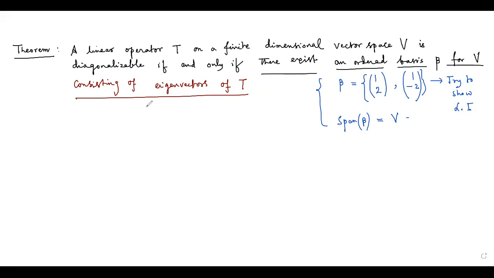If we can show this, we will immediately say that the given matrix capital A, which is [1, 1; 4, 1], is a diagonalizable matrix. If you can show that beta is a basis containing these eigenvectors, then I will say that capital A is a diagonalizable matrix.